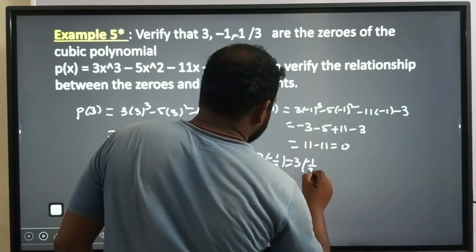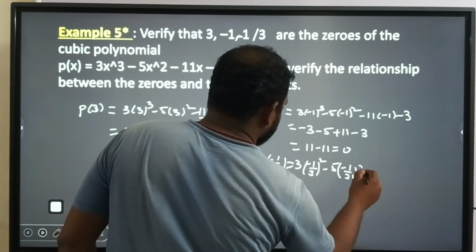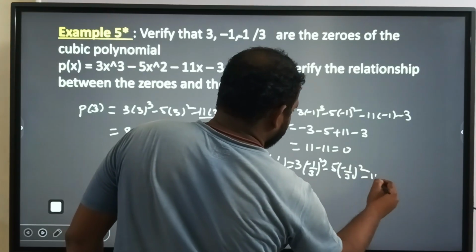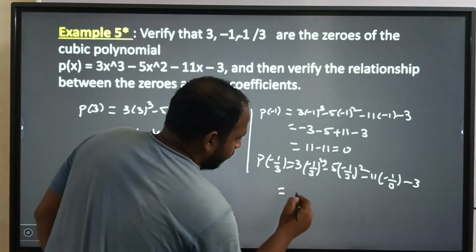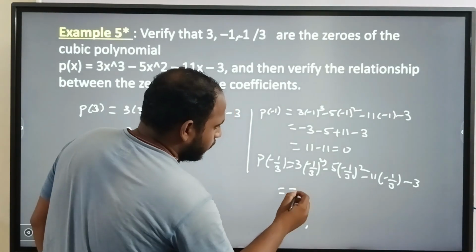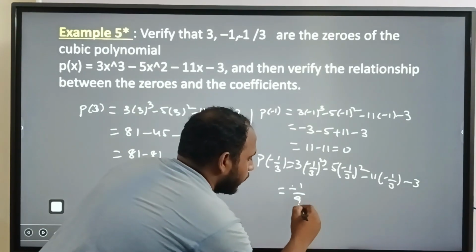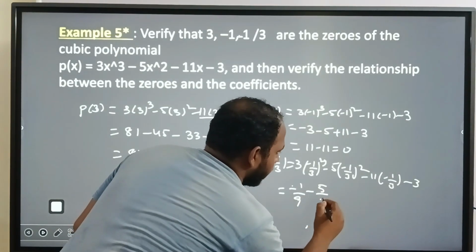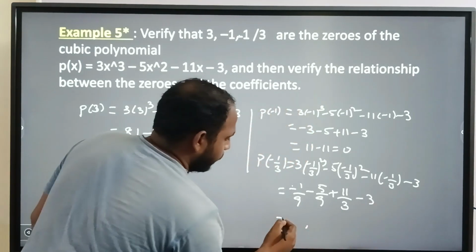Now, 3 into minus 1 by 3 whole square, minus 5 into minus 1 by 3 whole square, minus 11 into minus 1 by 3, minus 3. This is minus 1 by 9 minus 5 by 9 plus 11 by 3 minus 3.